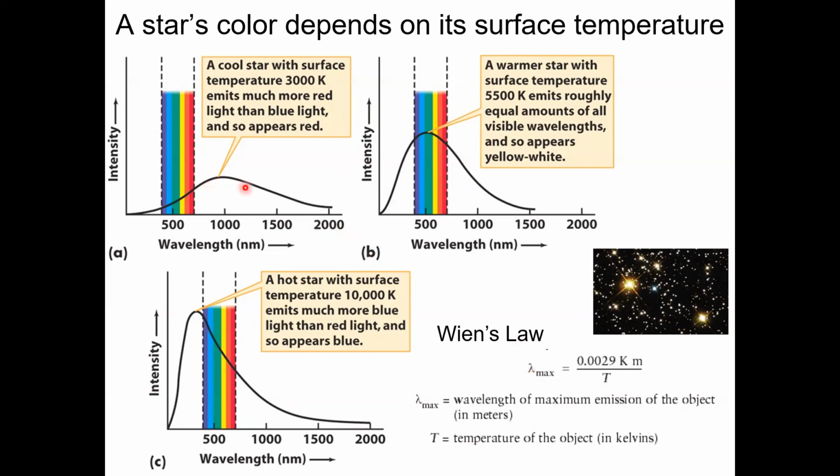So like over here. So the moment you look at this emission curve, you see that it is coming from a relatively cool star, right? Whereas this emission curve is of a very hot star. You can immediately figure that out.